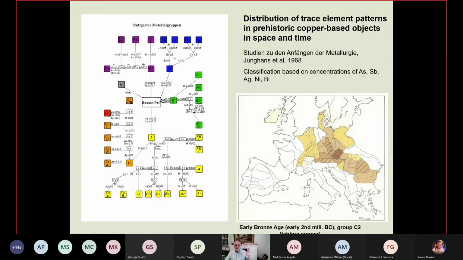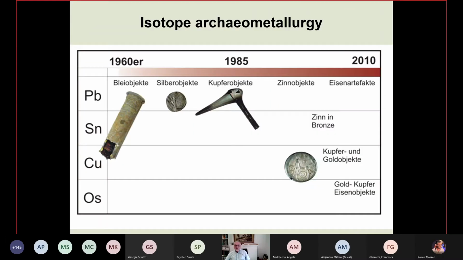Anyway, this study was very controversially discussed, especially in the Anglo-Saxon literature, with the idea that chemical analysis is of no use to study the provenance of metal objects.